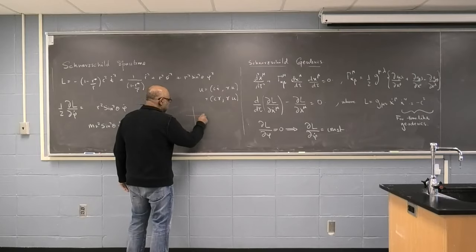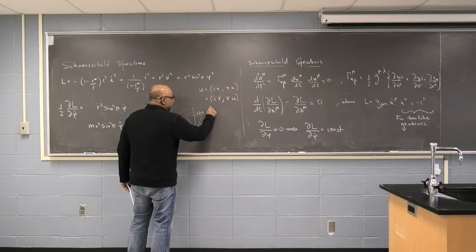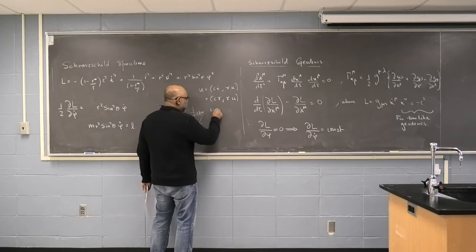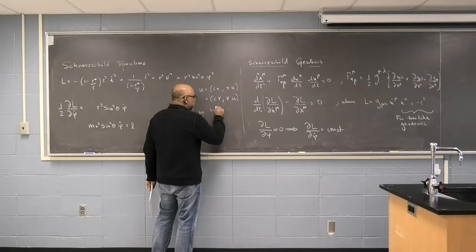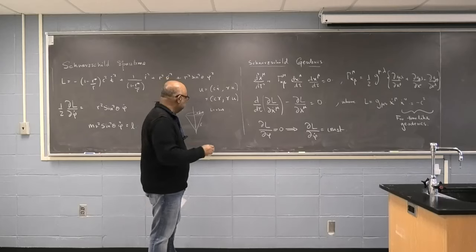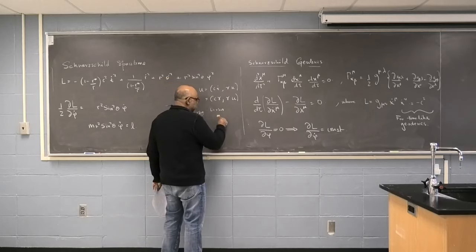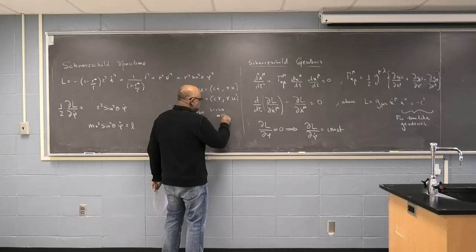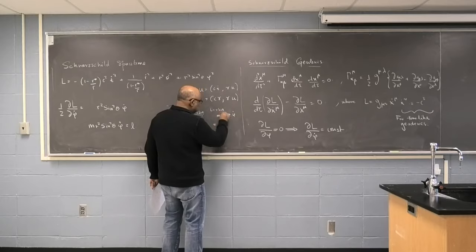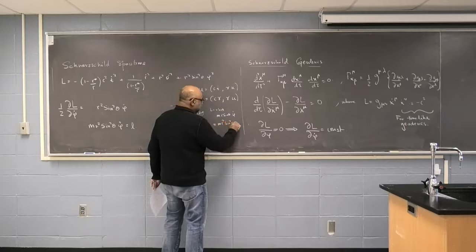If you have something rotating like this, this is r sine theta. The z component of angular momentum is r cross p, so r is r sine theta. p is mass times velocity, and v is r omega. So m times r sine theta, times omega, which is phi dot. So when you multiply all of this, you get m r squared sine squared theta phi dot.